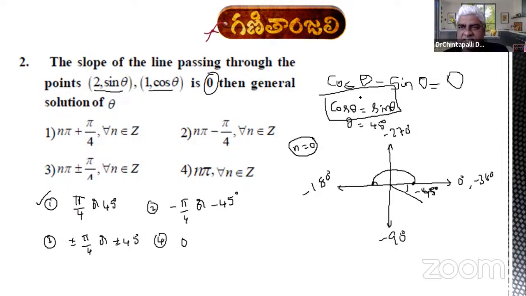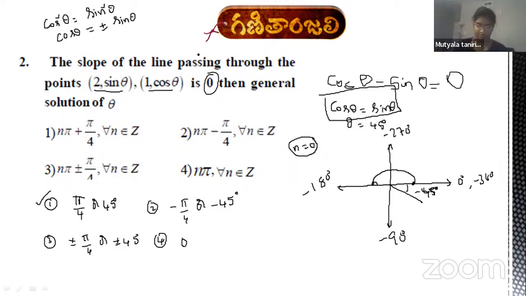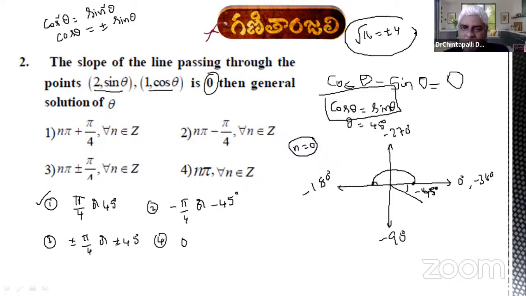For example, if we had the statement cos square theta equals sin square theta, then we can say cos theta equals positive or negative sin theta, because root 16 is equal to plus or minus 4. In that case, we need to think about negative 45 degrees. Got it?